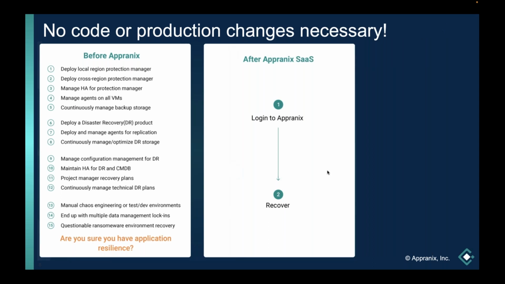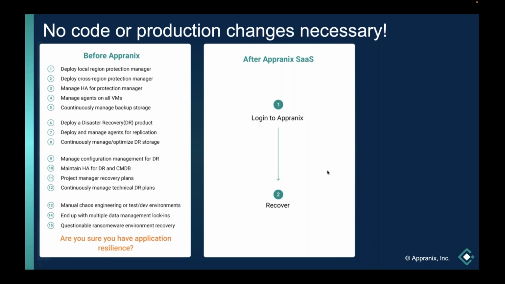And that's what we offer in terms of capabilities. So if you think about your environment, no code changes or production changes are necessary. Just imagine that you don't even have to install agents. You don't have to have a primary backup manager protecting all your environment, and then a replicated backup manager in another region.